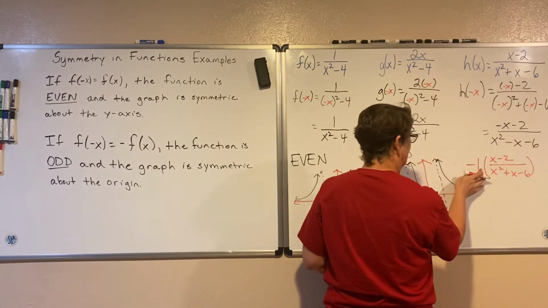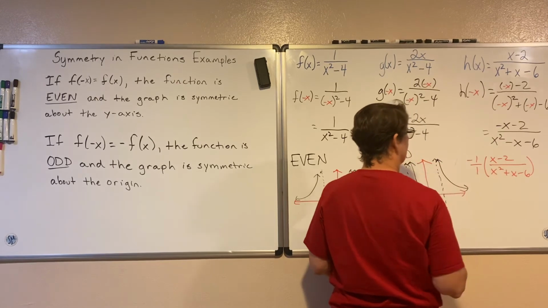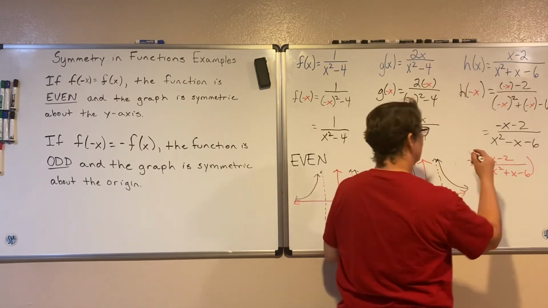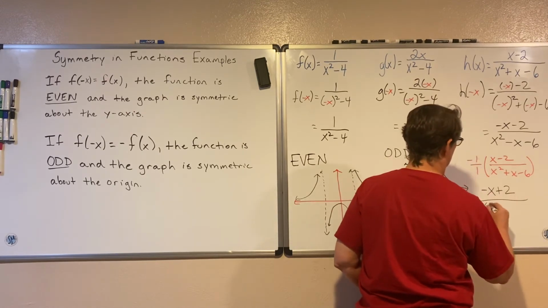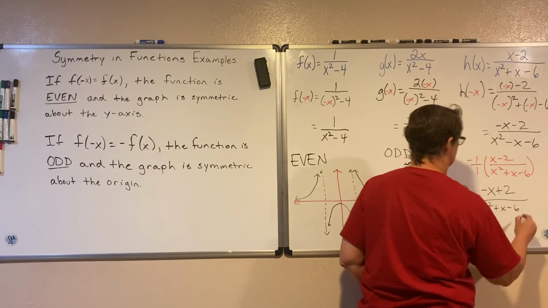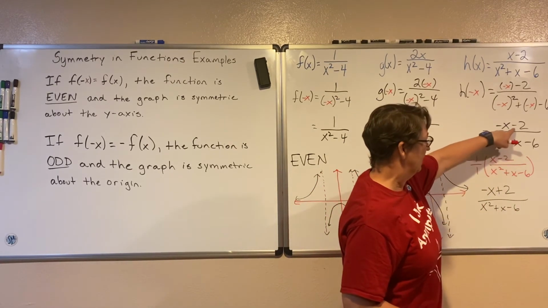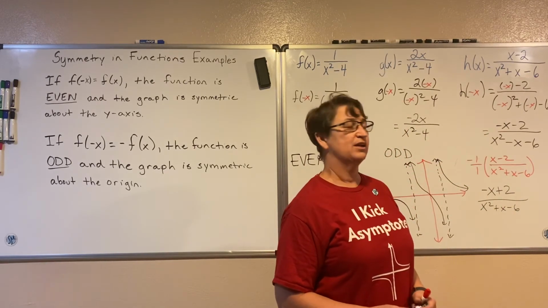And remember that when I do that, this negative 1 could be rewritten as negative 1 over 1. So I'm multiplying a negative 1 times the top and 1 times the bottom. And I get negative x plus 2 over x squared plus x minus 6. Notice these two do not match because of that plus sign in the middle. And then also we have a negative there on the bottom that shouldn't be there.